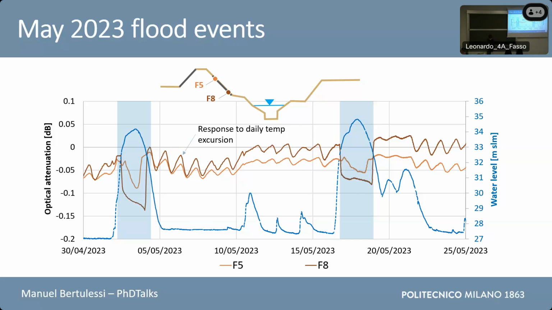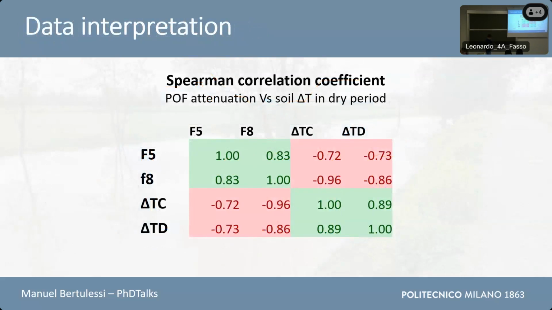These are the very first results, and an important thing is that we talk about optical attenuation. We don't have in literature a straight correlation between this optical attenuation and some mechanical strain or temperature variation. In this first part, we start with an analysis in terms of the Spearman correlation coefficient between the fiber optic loops that I showed before and the temperature variation.